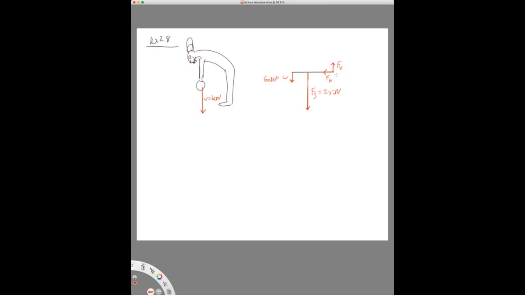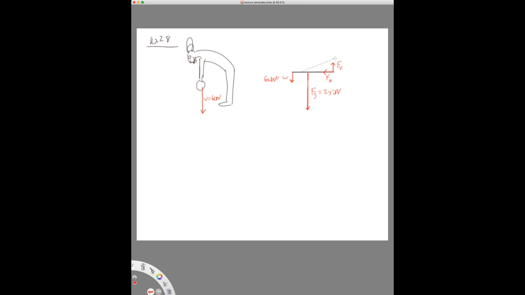So first of all, to find FV, we could just sum the forces in the Y direction. Oh, hold on, there's one more. I'm missing one force, which is the back muscle, the key force here.